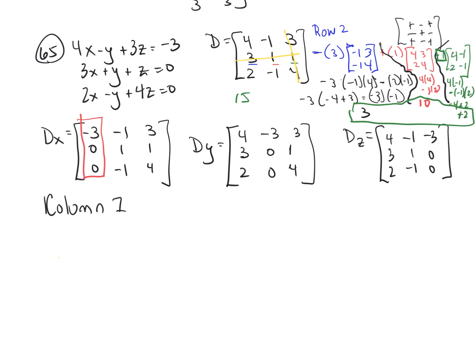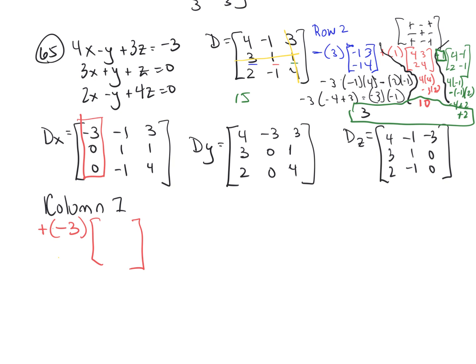And that way I only have to do one computation. So I have my element, which is negative 3. I have my sign from my sign matrix as a positive. And then my minor would be 1, 1, negative 1, 4.